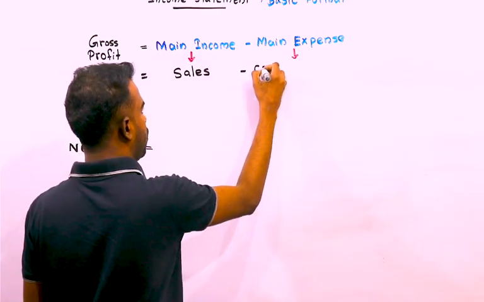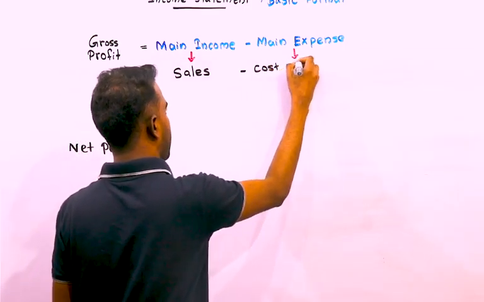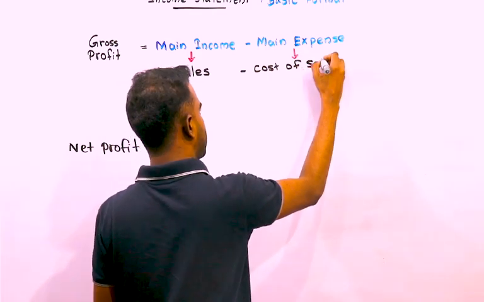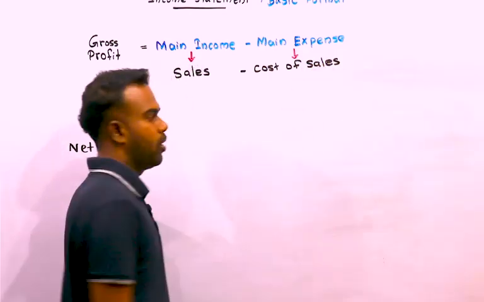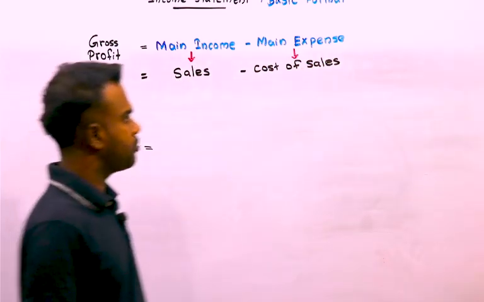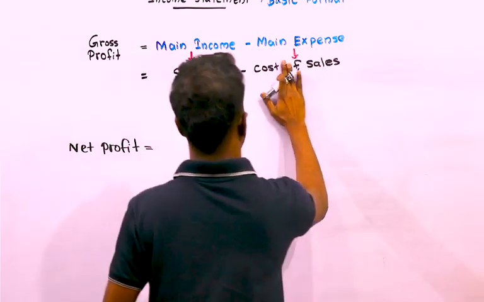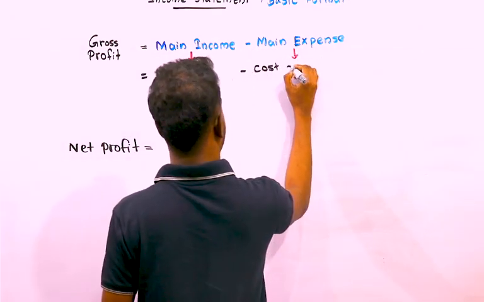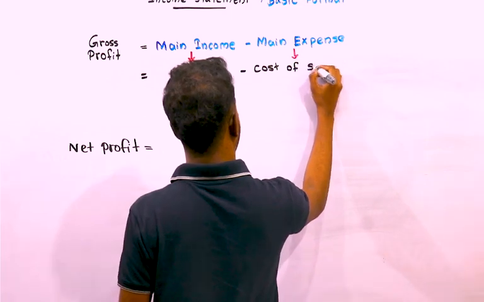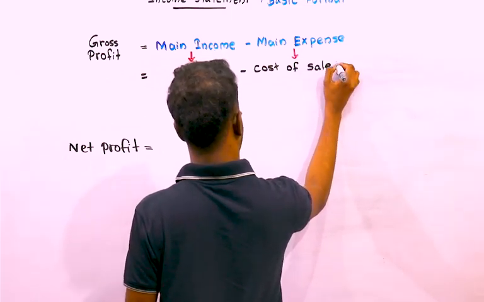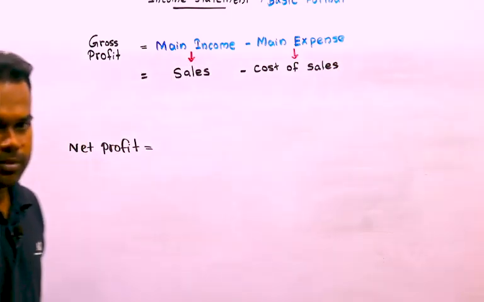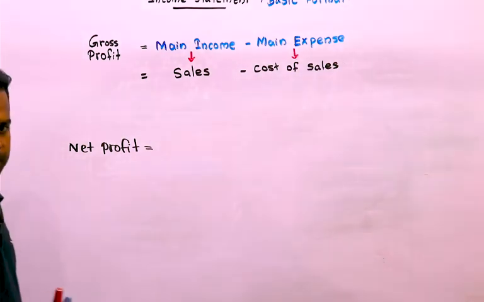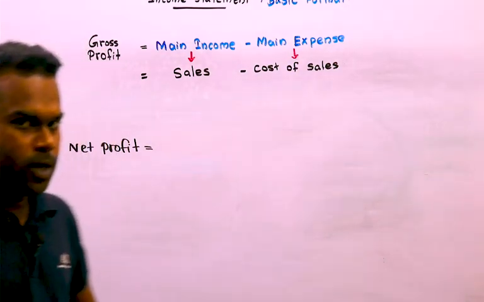We call it cost of sales. Cost of sales. Right? Cost of sales. Understood? Clear?